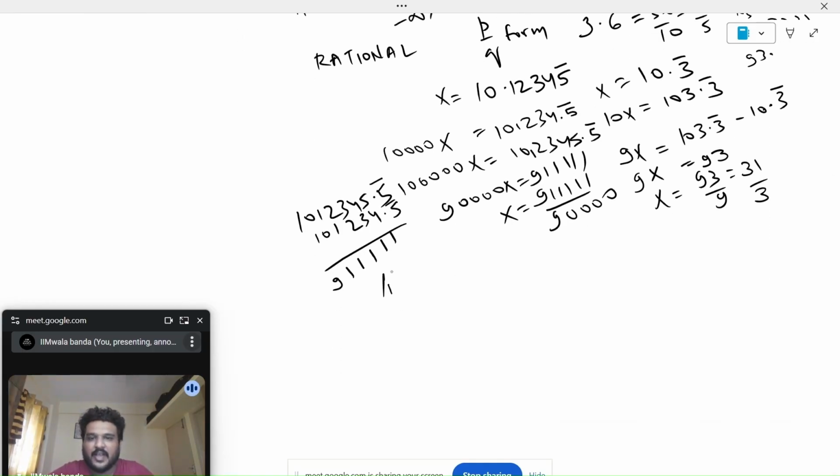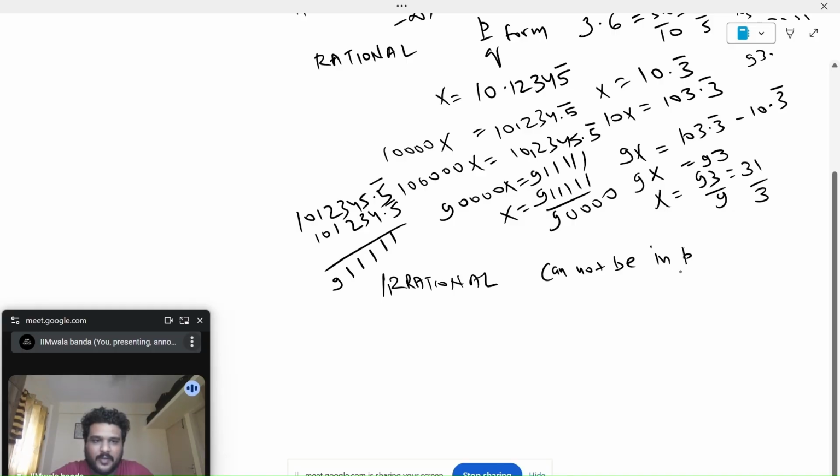Then finally we have irrational numbers, anything that cannot be expressed in p by q form. For example, root 2, this is like 1 point, it will just keep on going.